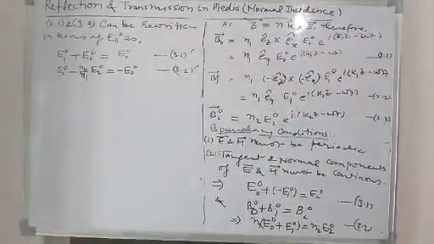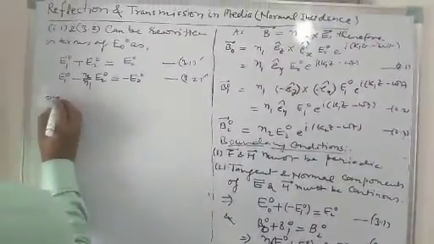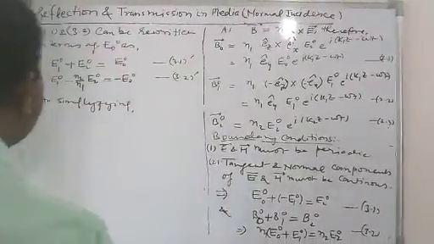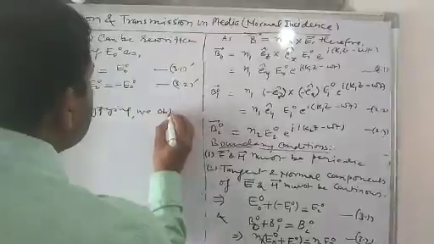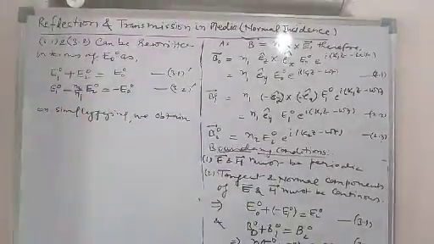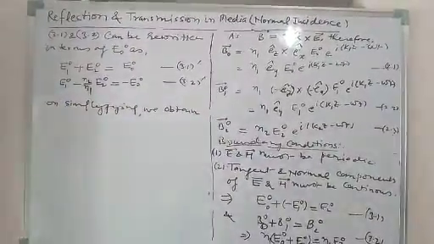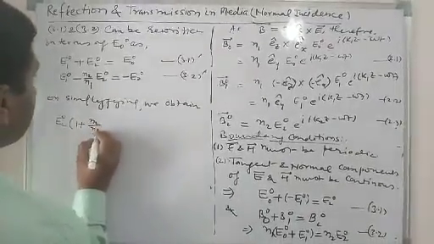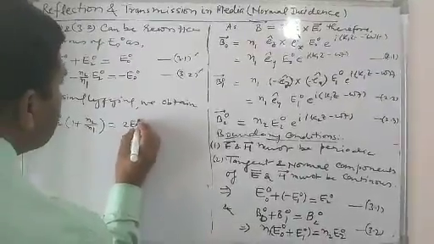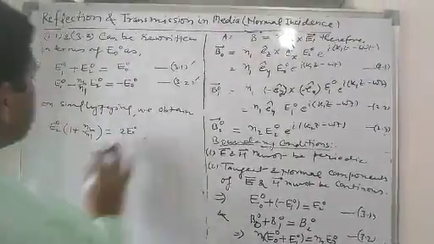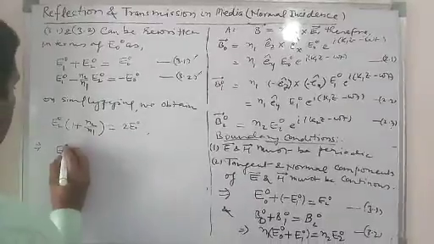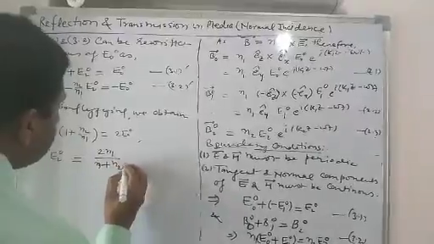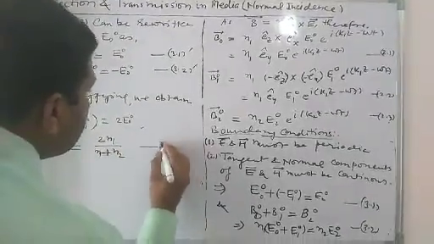Okay, so now we will simplify. On simplifying, what do we obtain? For the first case we will simply subtract, and what we will get is E2 naught (1 plus n2 by n1) equal to 2 E naught naught, or that implies E2 naught is equal to 2n1 upon n1 plus n2 times E naught naught, that's 4.1.